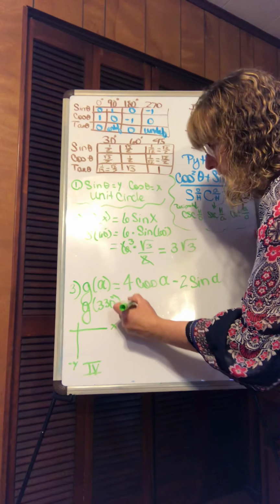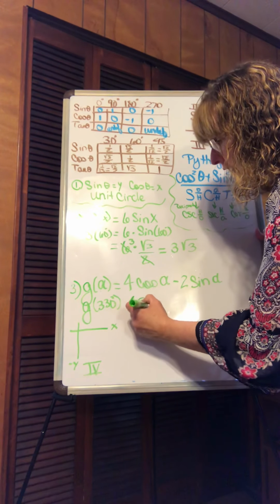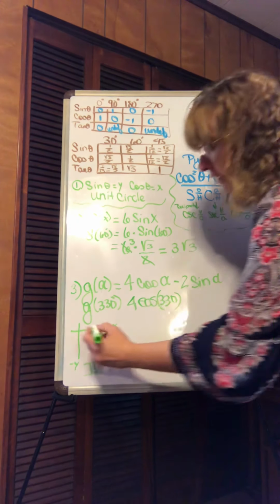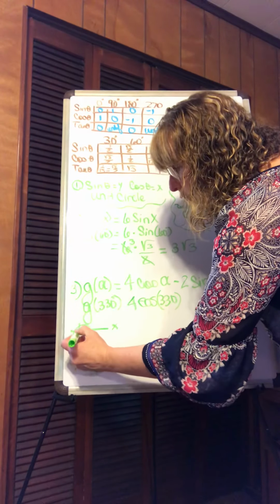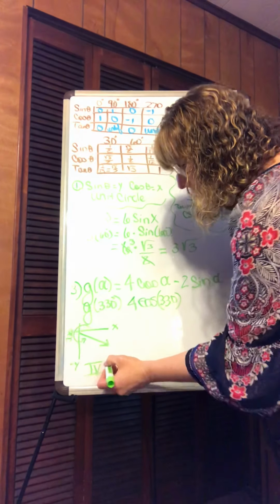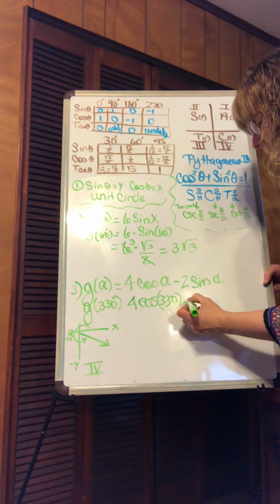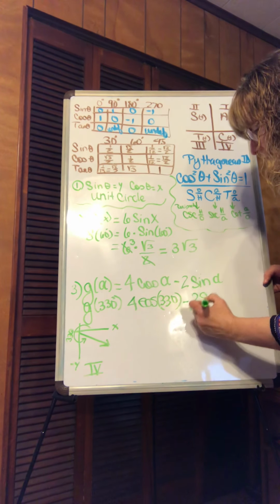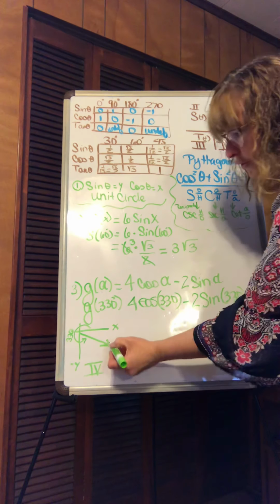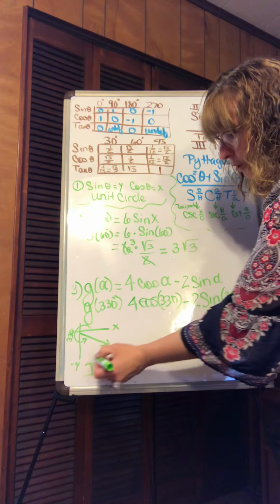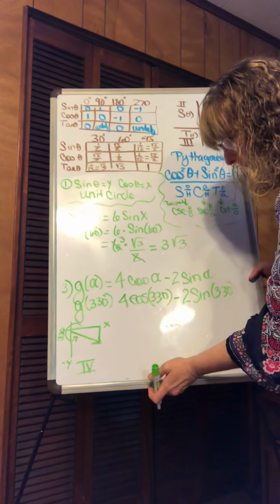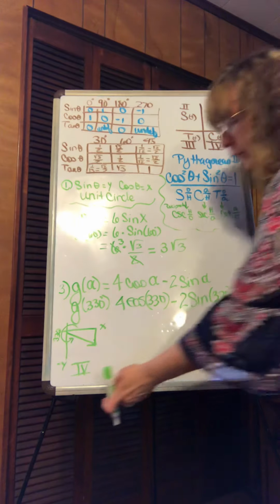So when I have 4 cosine of 330, going all the way around into quadrant 4, cosine is positive. And now I have 2 sine of 330. However, sine in quadrant 4 is negative, and that matters to me. Remember, the positives and the negatives are my locations.